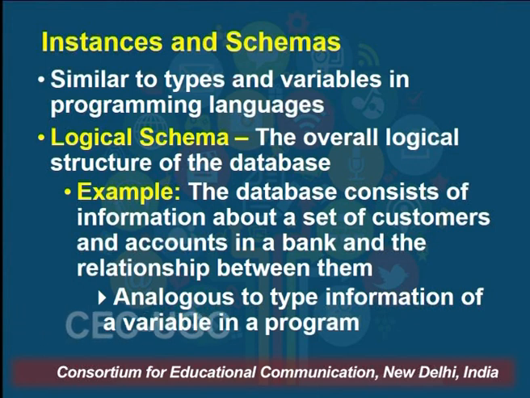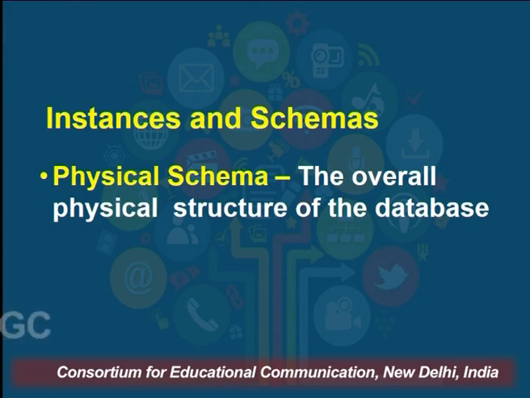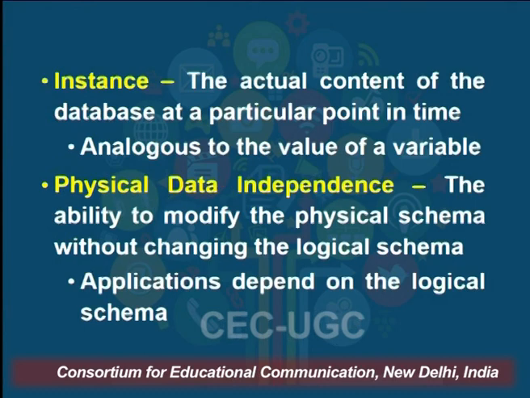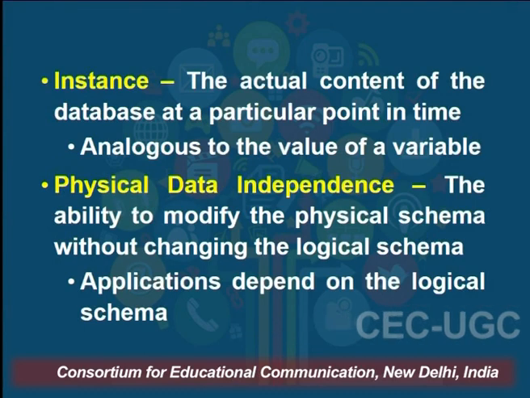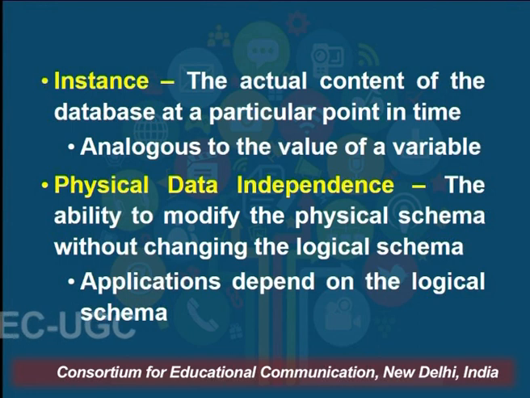So, we have schemas at different levels: the physical schema, the logical schema, and also sub schemas, which are available at the view level. The physical schema is all about the overall physical structure of the database, while an instance is the actual content of the database at a particular point in time.